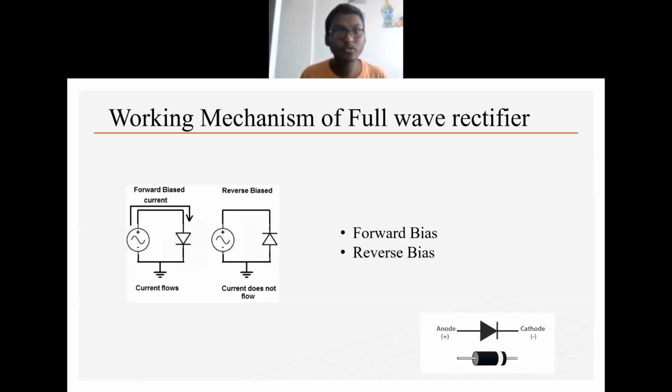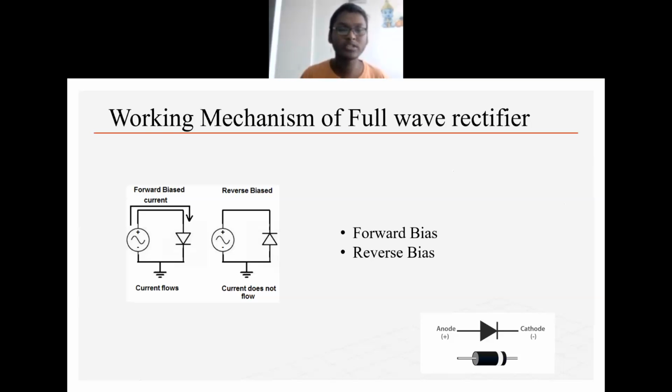If the positive terminal of the source is connected to the n-type, it is known as reverse bias. In reverse bias, current does not flow, because current flow is opposed by the depletion layer formed at the junction. In forward bias, current flows. Based on this principle, we rectify the AC signal into a DC signal.